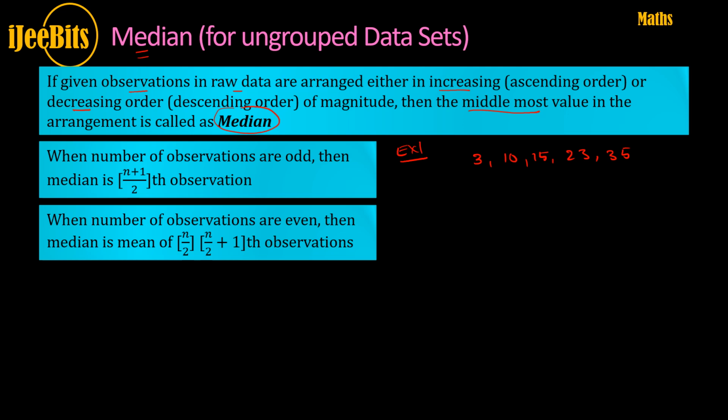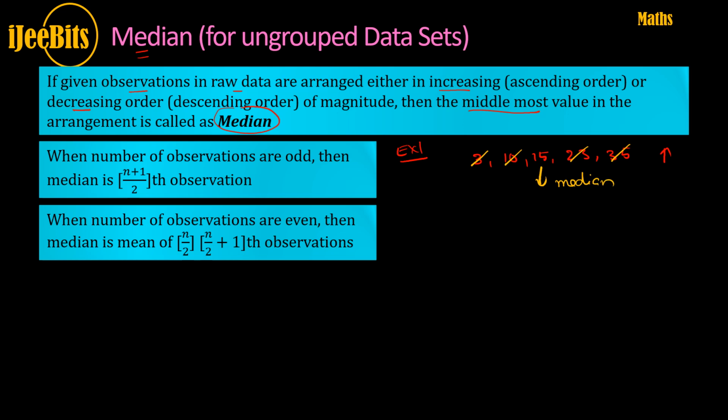This data set is in some order, right? It is in increasing order. You can cross off the leftmost and the rightmost one by one. One leftmost and one rightmost you cross, again one leftmost and one rightmost you cross. What is left over? This one. This is what you call the median of the given data set.